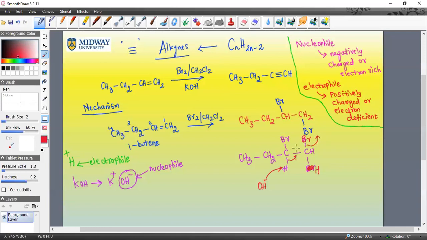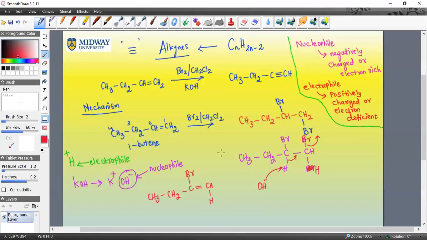So what happens here is we have a sequence of bonds moved and formed. So in the first step, we have made this: CH3, CH2, CBr, double bond CH, bond H. I'm going to leave this undisturbed.